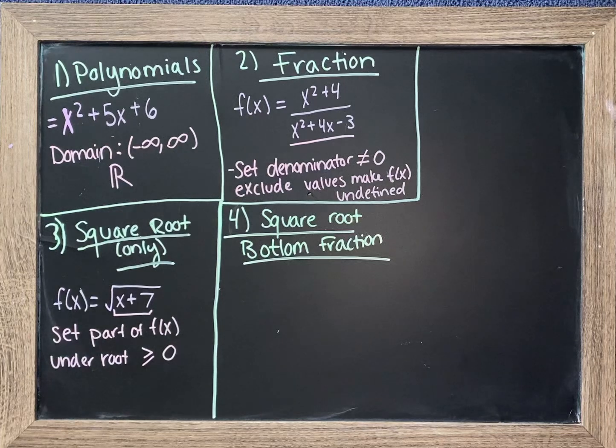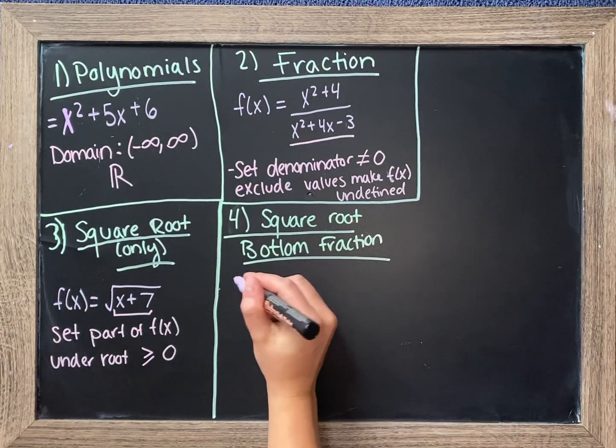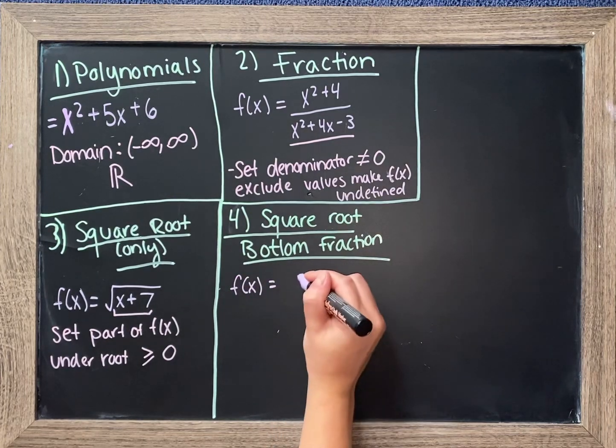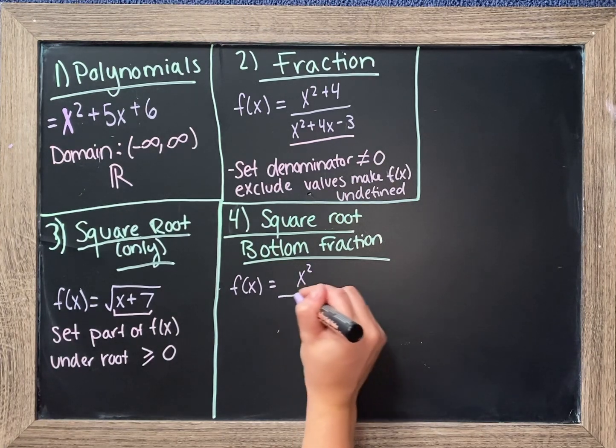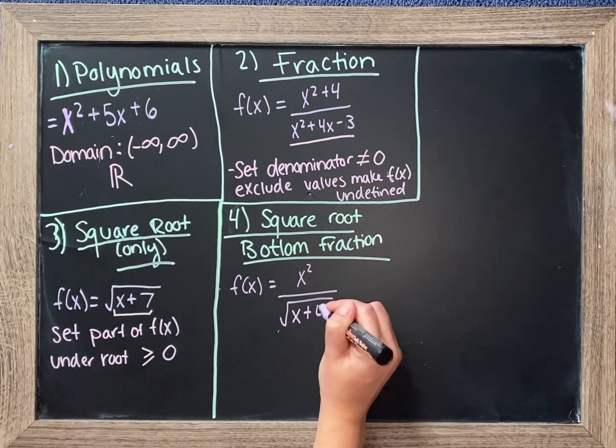An example of a square root on the bottom of a fraction would be f of x equals x squared on the top, divided by the square root of x plus 4.